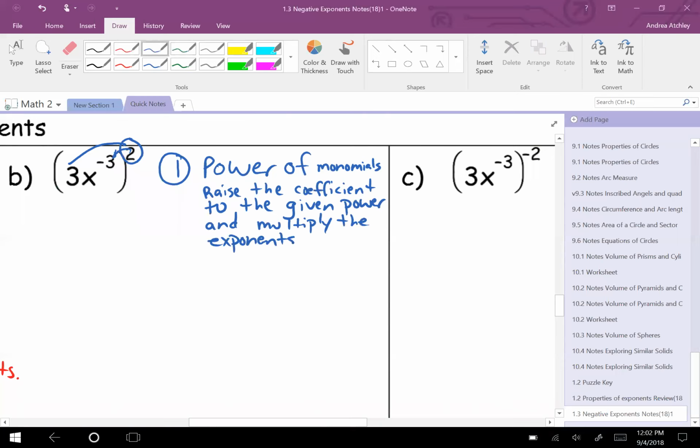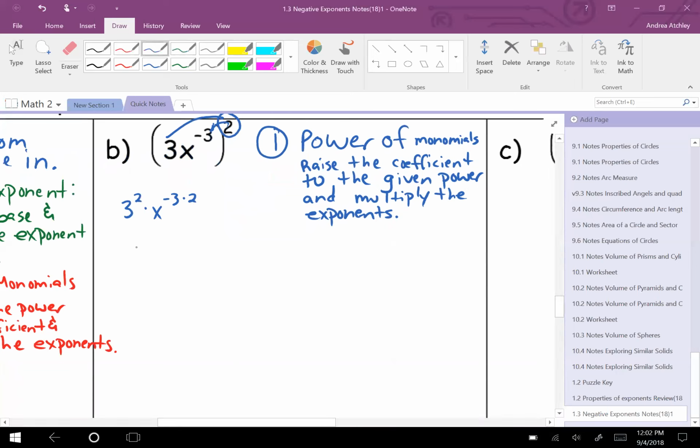Okay, so I'm going to have 3 squared times x to the negative 3 times 2. So that's going to give me 9x to the negative 6th.